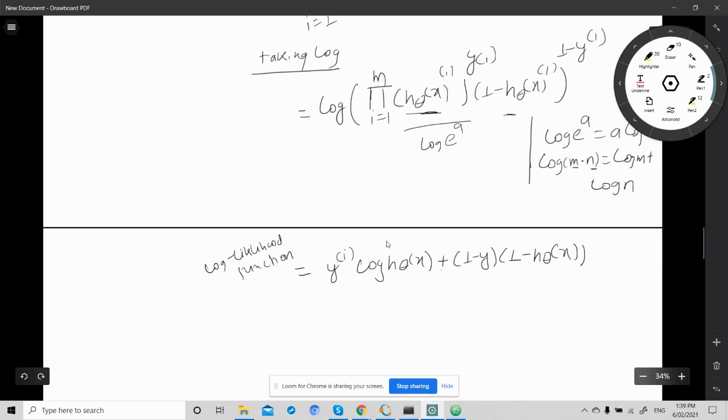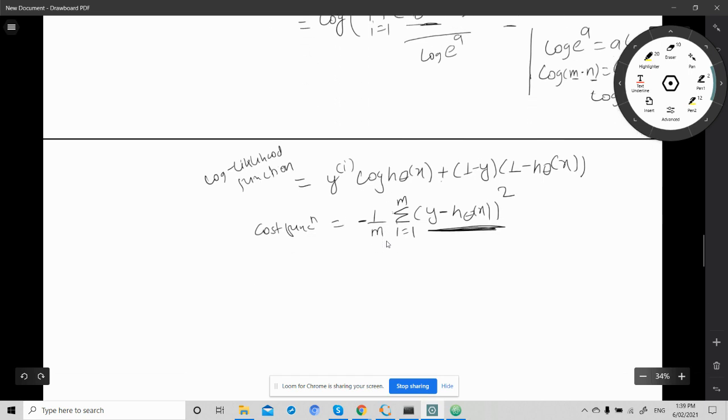So we know that the cost function is minus 1 by m times this equation. Similar to last time, when we had a cost function ranging from i equals 1 to m, we used y minus s theta of x whole square.